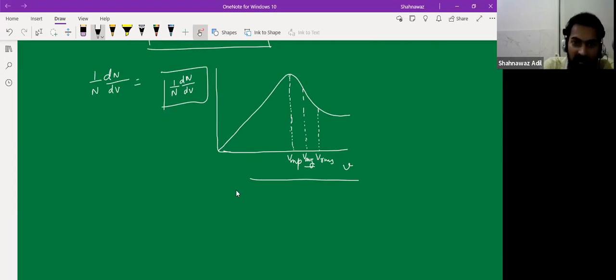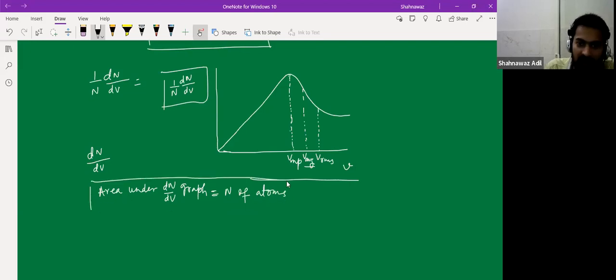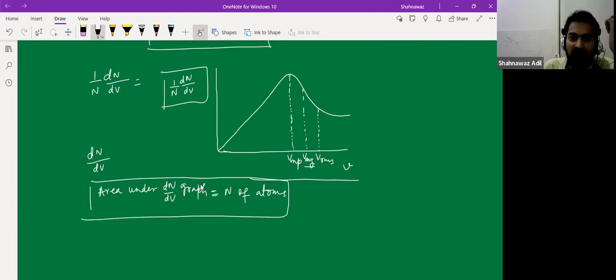And when you have only the dn by dv graph, and when you calculate the area under the dn by dv graph, that will give you the number of atoms or the molecules of the gas, right?